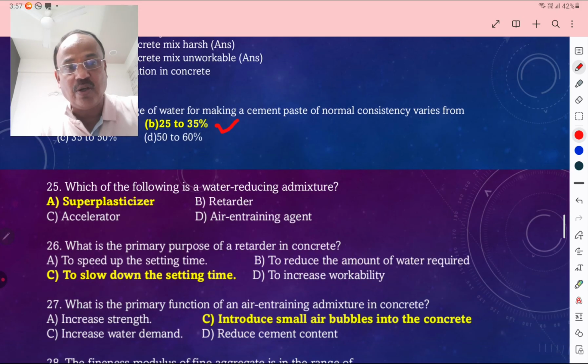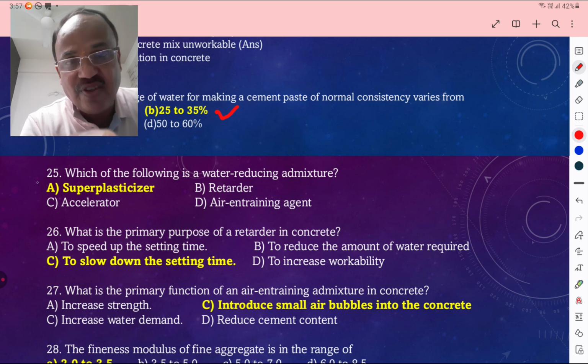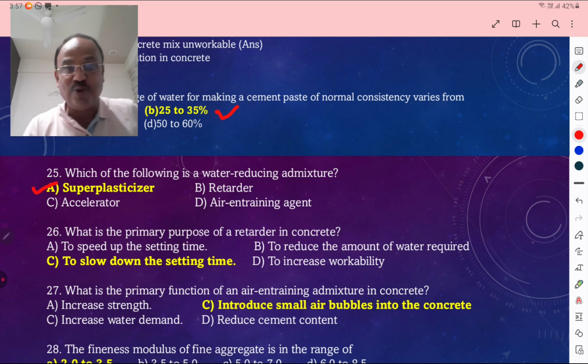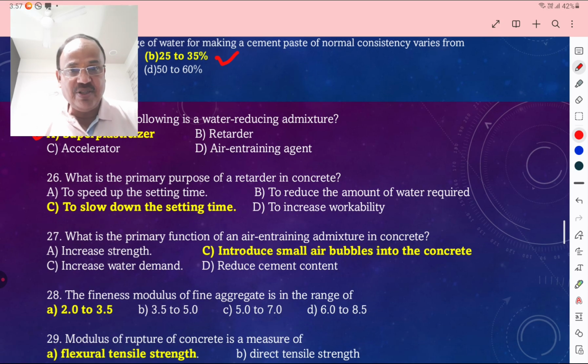That is the percentage of water for standard consistency or normal consistency. Which of the following is the water reducing admixture? The superplasticizer means decrease in water cement ratio but increase in strength. That is the superplasticizer, or it may be termed a water reducing admixture.